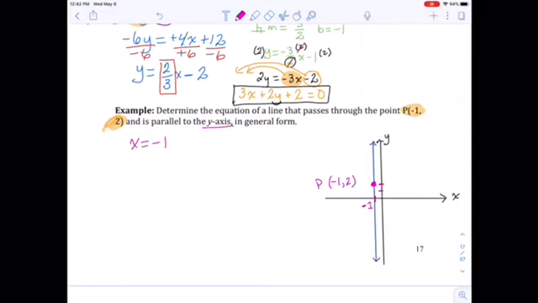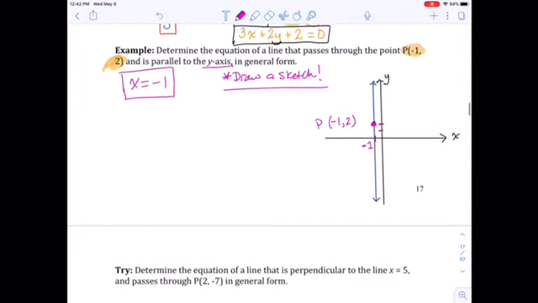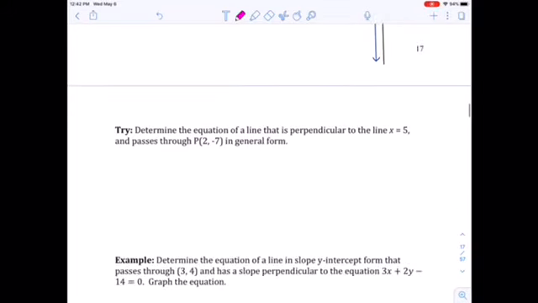When I get something parallel to the x-axis, parallel to the y-axis, perpendicular to the y-axis, I'm going to draw a sketch. Okay? Because I know all this other information, and once I can see it, super easy. Okay? Super easy. So x equals negative 1. That's the equation of that line. Not a function, but it's still a line.